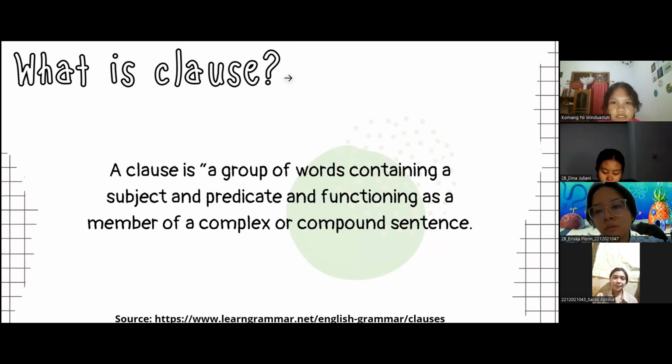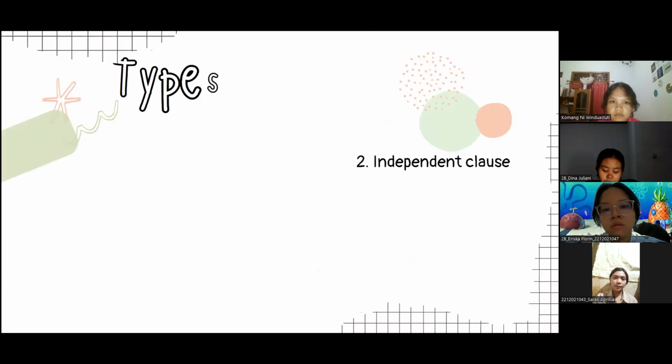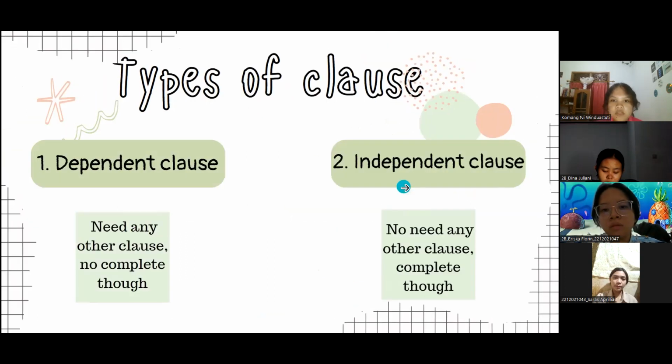Clause. So what is this clause? Well, a clause is a group of words containing a subject and predicate and functioning as a member of a complex or compound sentence. Clauses are divided into two types. The first one is dependent clause, and the second one is independent clause.